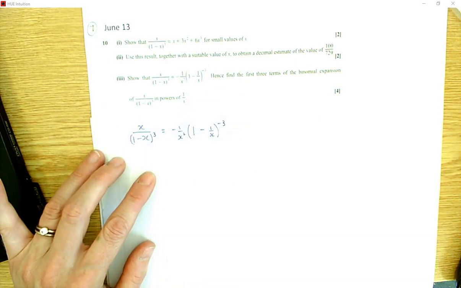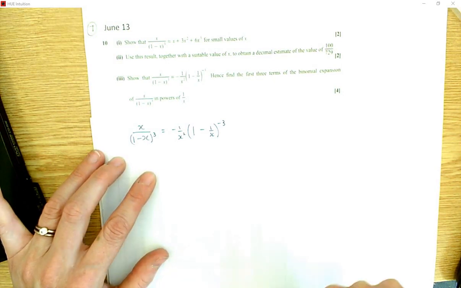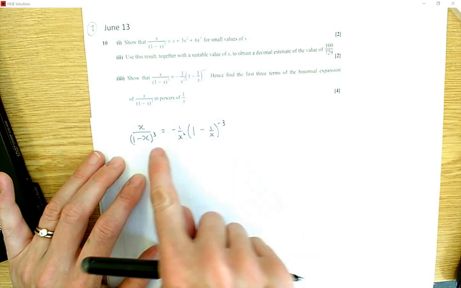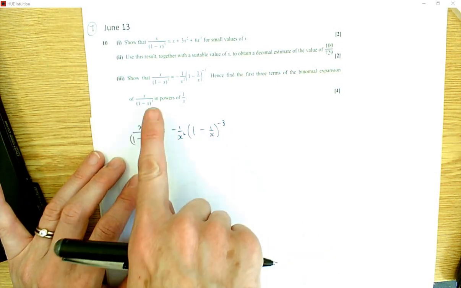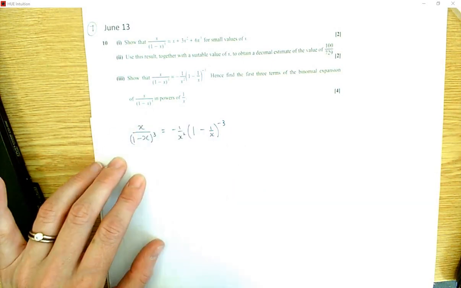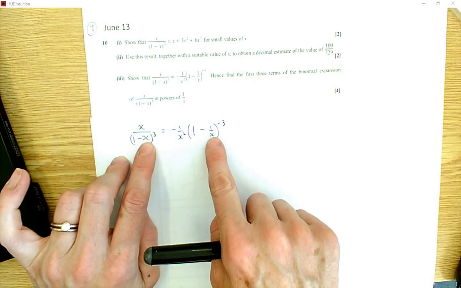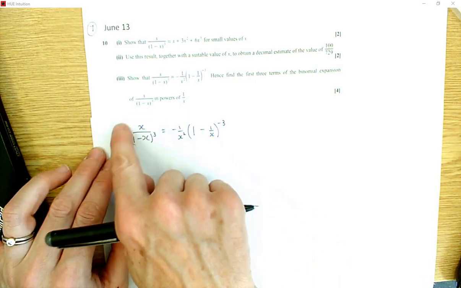The first thing I'm going to do is look for any hooks that connect the two. We've got our bracket to the minus 3, we've got our bracket cubed, which is the same as the bracket to the minus 3. So somehow we've got to get from x to 1 over x.